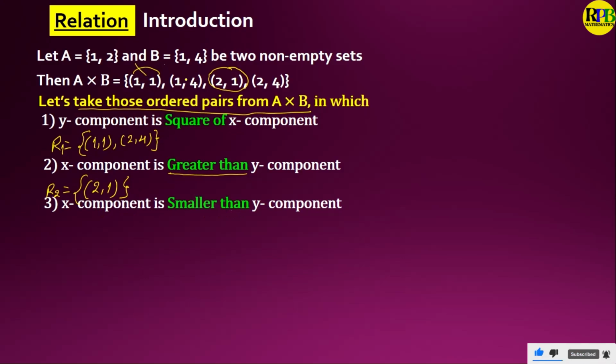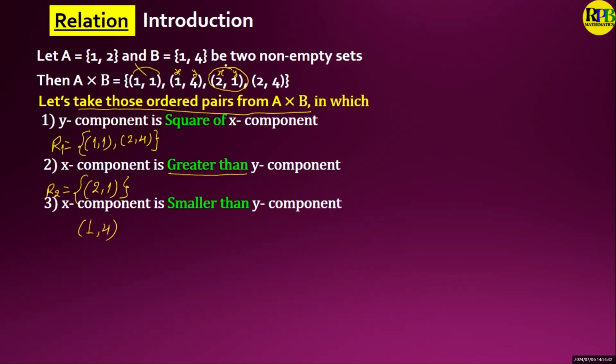And next, yes, X component is 1, Y component is 4. X component is smaller than Y component. So we'll take this. One of the ordered pairs is 1, 4. And in the next ordered pair, X component is 2, Y component is 1. 2 is not less than 1.